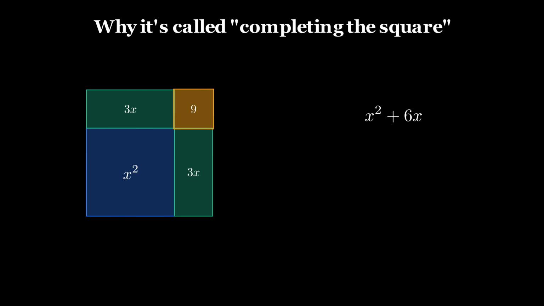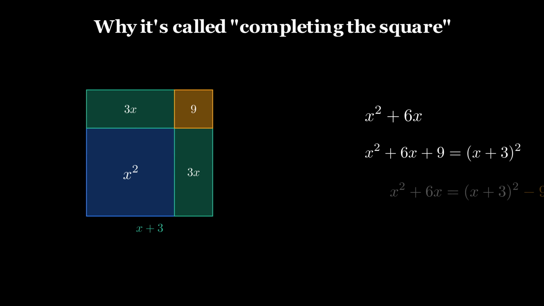The moment we fill that corner, we've built one big, complete square, with side x plus 3. So x squared plus 6x plus 9 equals x plus 3 whole squared. And that's why x squared plus 6x equals x plus 3 whole squared, minus 9. Completing the square. Literally completing a square.